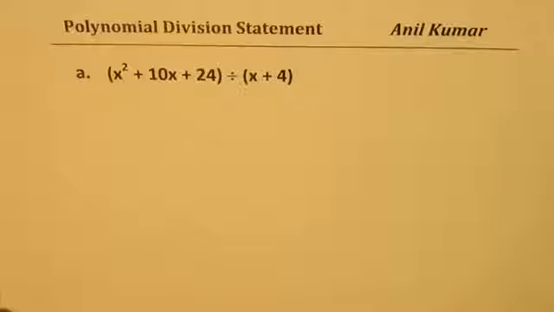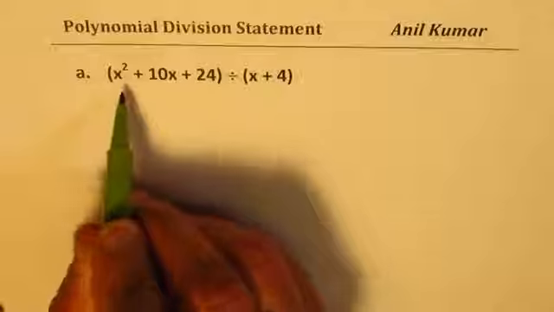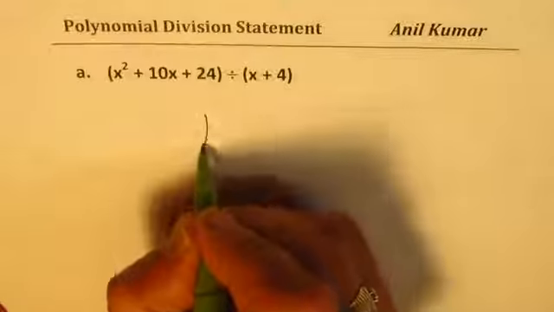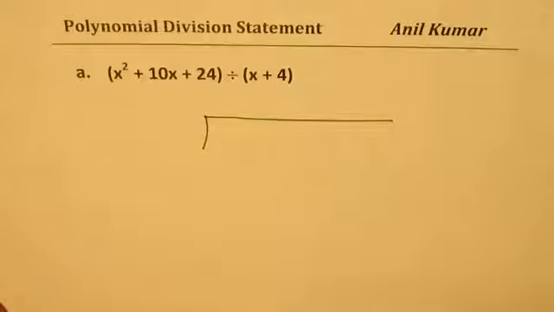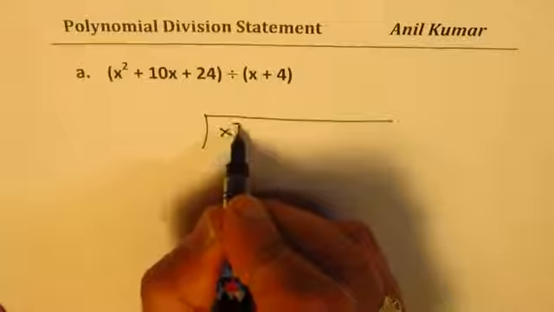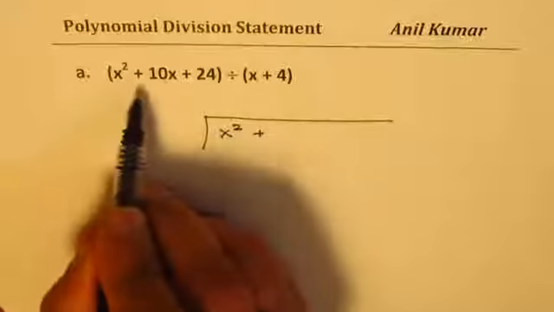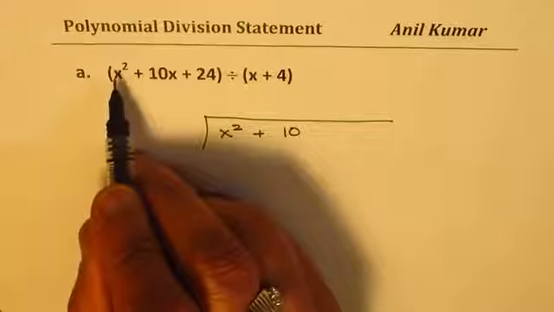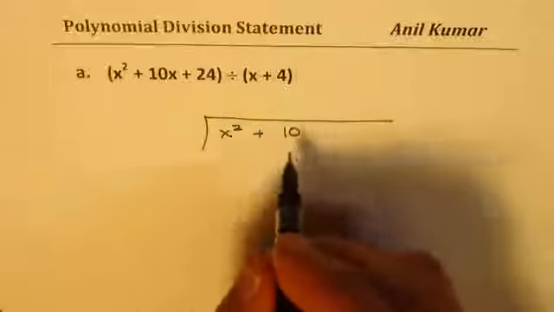The very first example here is we need to divide x squared plus 10x plus 24 by x plus 4. So, like we do long division, in the same fashion, we are going to divide a polynomial by another polynomial. So, you need to write the polynomial in a particular order. Highest degree first and then the lower degrees, right?